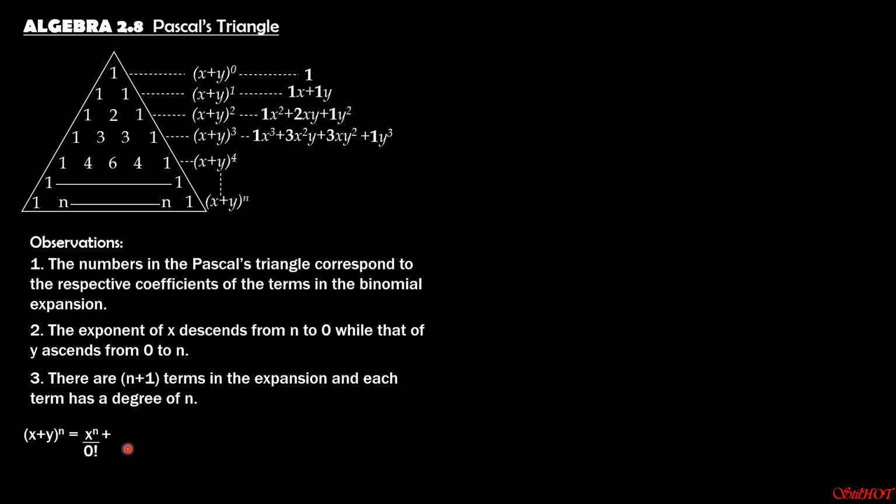So for the next term, the technique is you have to differentiate just the first term. So this becomes n x to the n minus 1, because in the second term of the expansion, the second term of the binomial appears with degree 1.